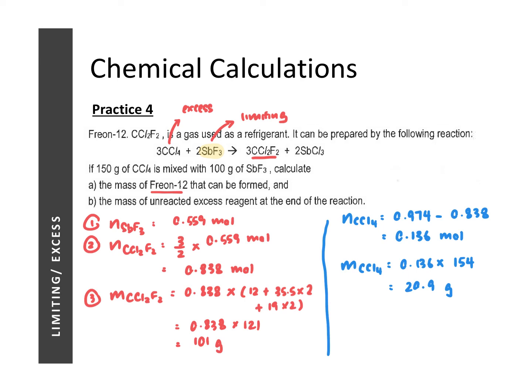By comparing the number of moles of the other reactant needed with the number of moles present, we can then determine whether that reactant is in excess or limiting. Following that, we can find the amount of product by comparing the mole ratio of the product with that of the limiting reactant. So lastly, the amount of product formed depends on the amount of limiting reactant present.